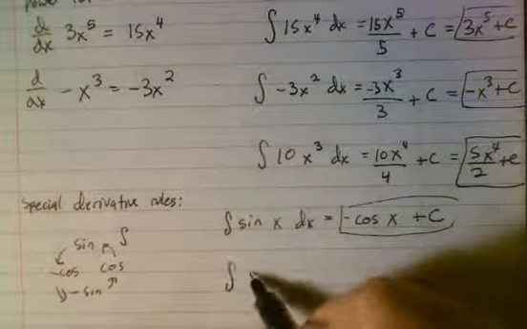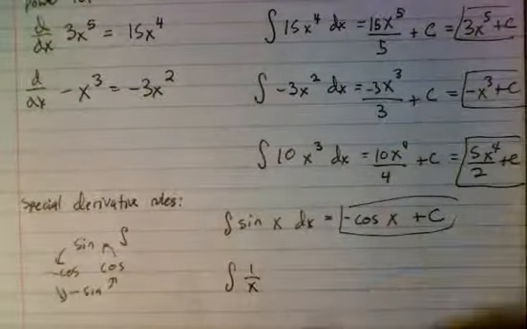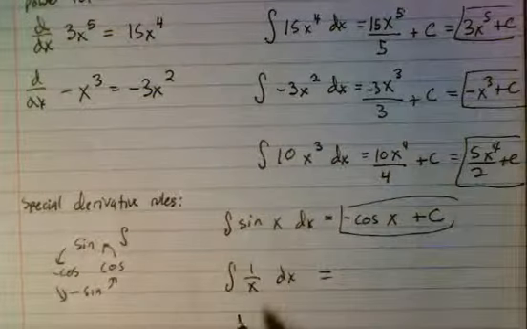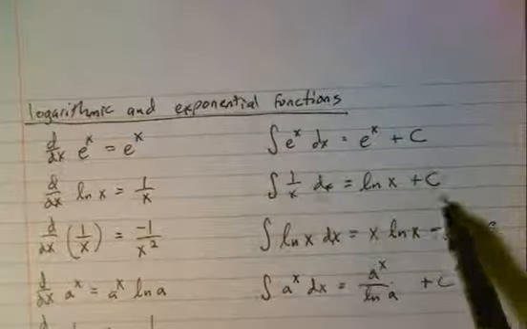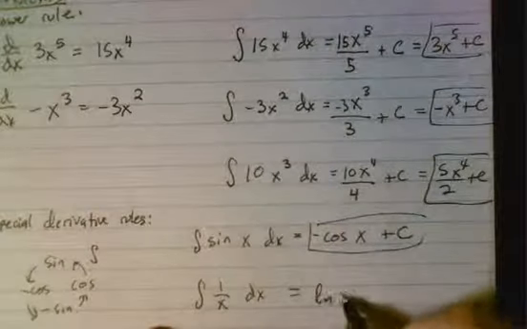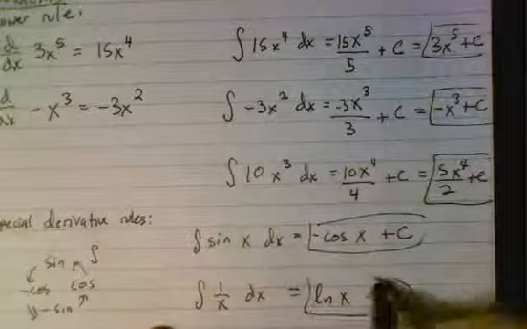Same thing with one like this, the antiderivative of 1 over x dx. We have got to just remember it. It's from this list that we had right up here. Pink, right there. Natural log of x plus c.